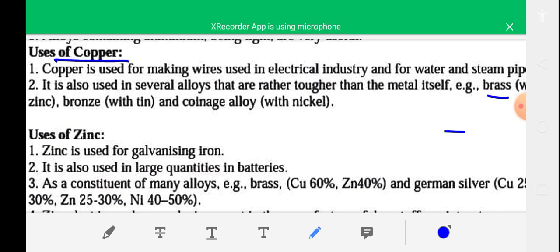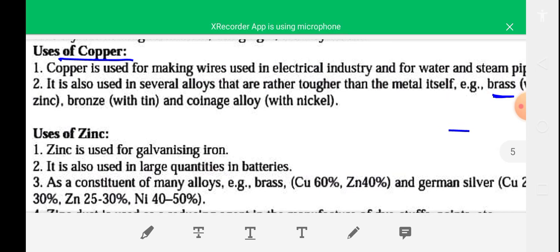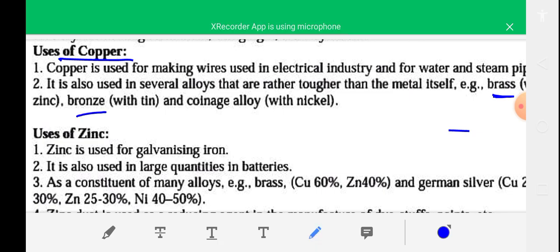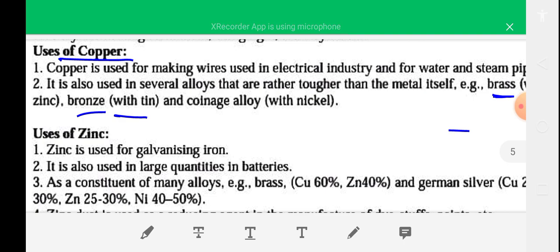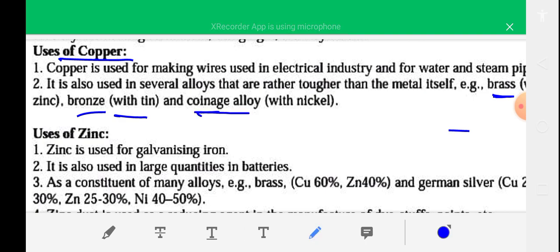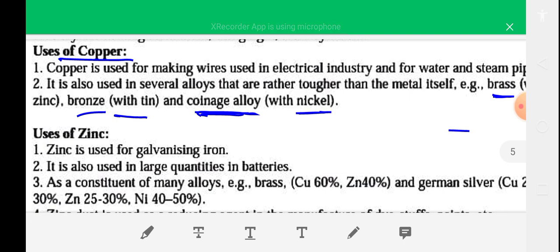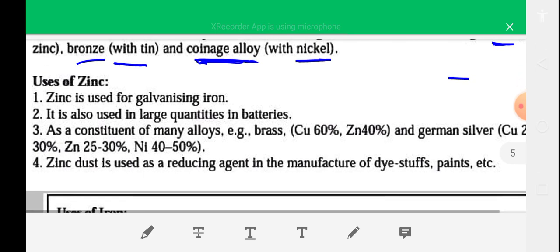Examples of alloys of copper are brass, which is a mixture of copper and zinc, and bronze, which is an alloy of copper and tin. Okay, so these are alloys of copper. And coinage alloy is a mixture of copper and nickel. You have to remember different alloys of copper, their composition and their use also.